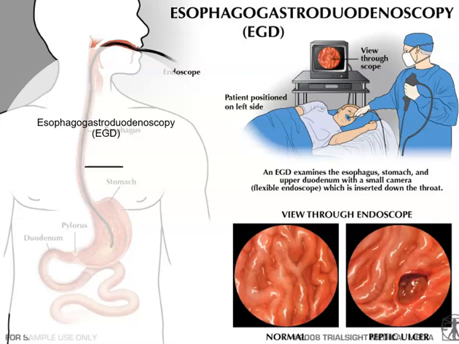And guys, with this code family here, you could have a situation where you have more than one code from this code family. For example, if you look at 43250 and 43251, I want you to notice that they both say with removal of tumors, polyps, or other lesions.